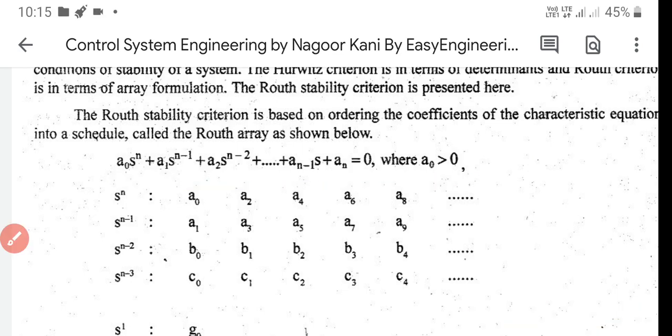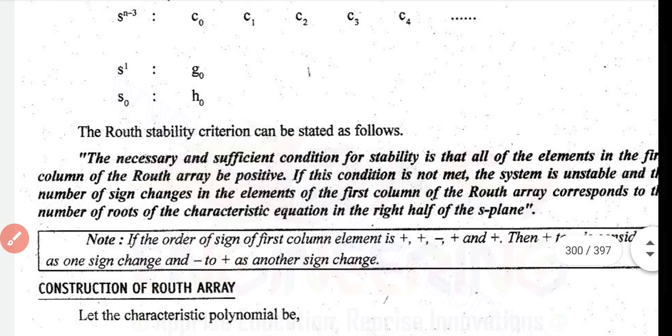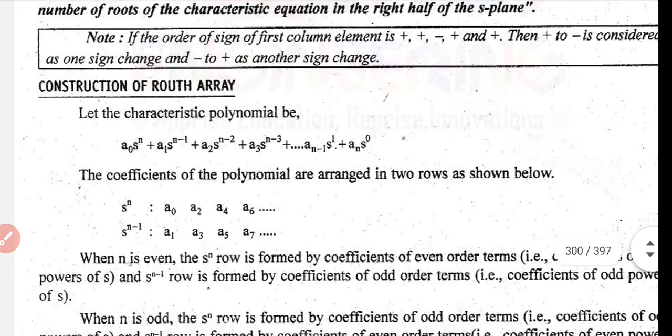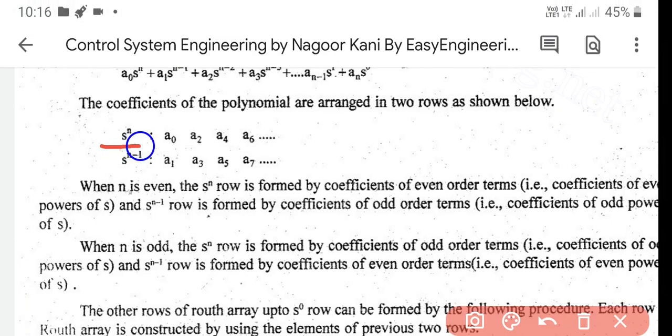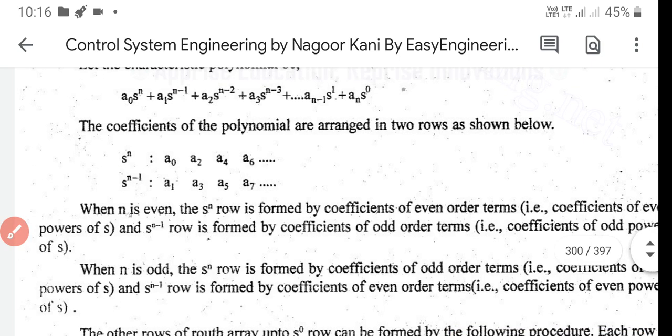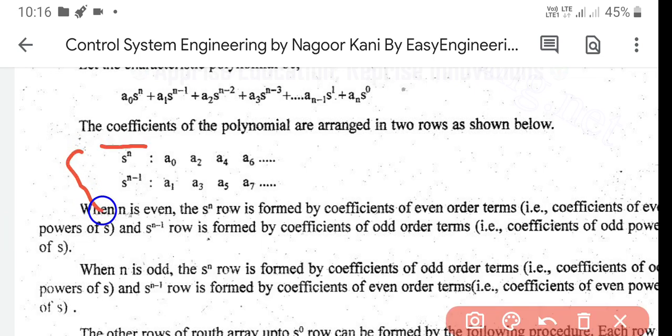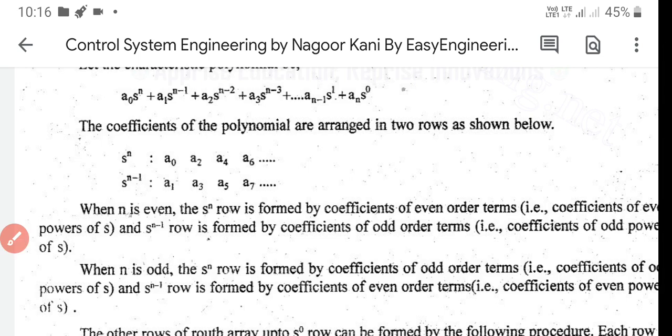First of all, you write the coefficients of s^n. s^n and s^(n-1) are the first two rows. s^n is the highest order and s^(n-1) is the next highest order. So the first two highest order rows are framed from the given characteristic equation.